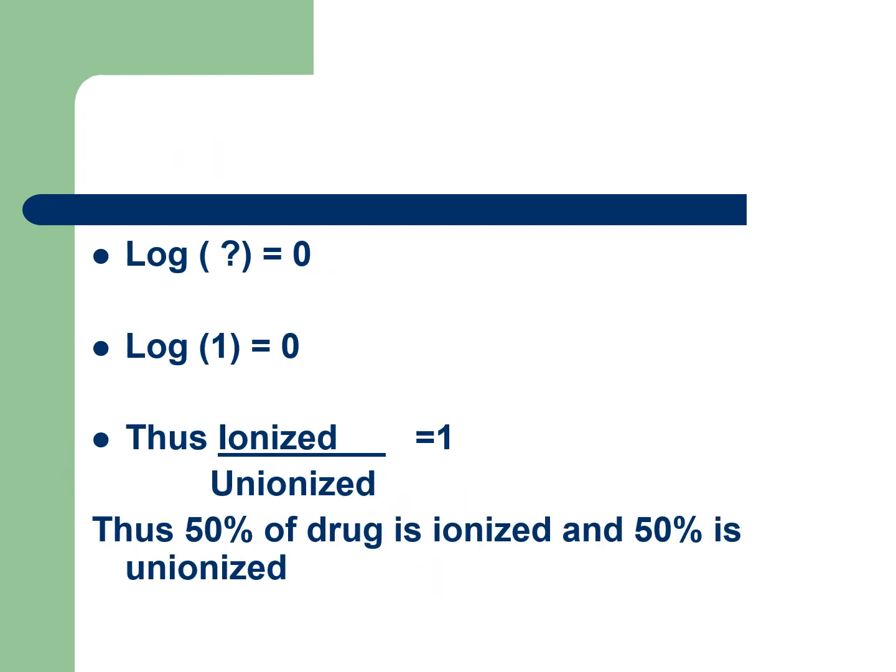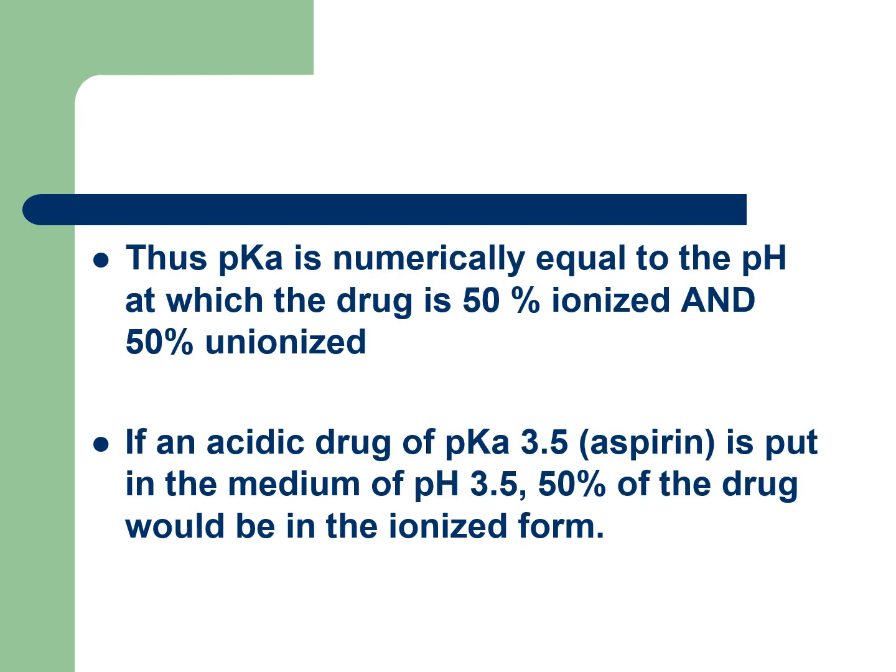So if ionized over unionized form equals 1, then 50% of the drug is ionized and 50% is unionized. Numerically, if the pKa of the drug is 3.5 and the pH of the medium in which the drug has to be absorbed is also 3.5, then we can say the drug is 50% ionized and 50% unionized.